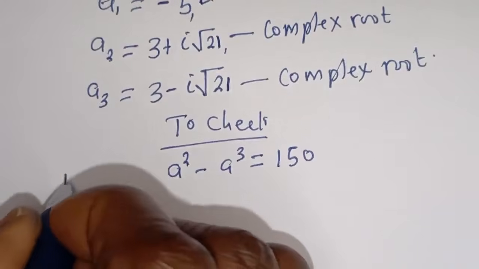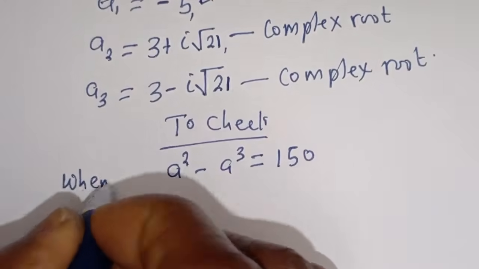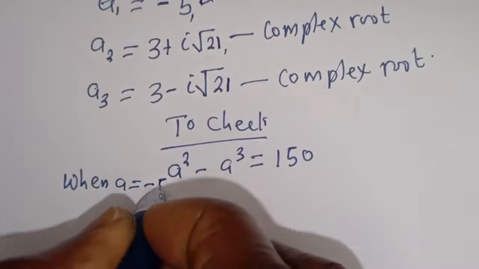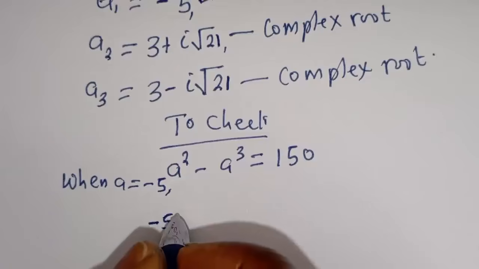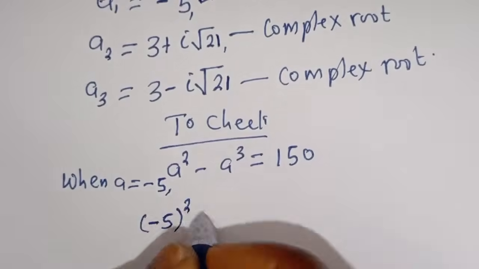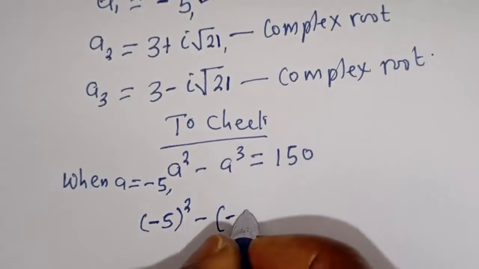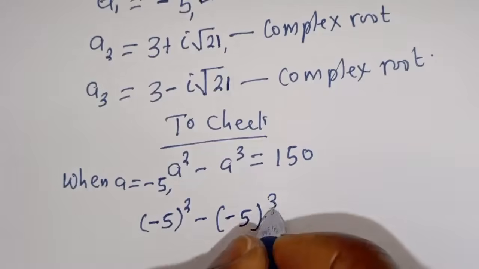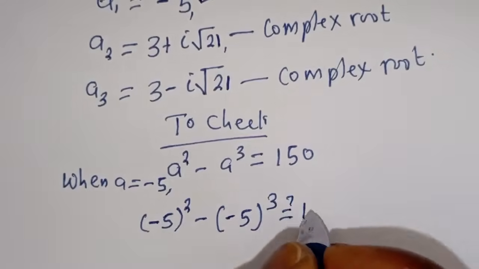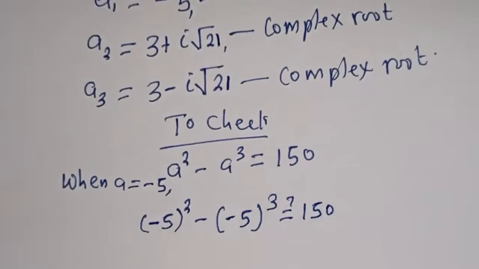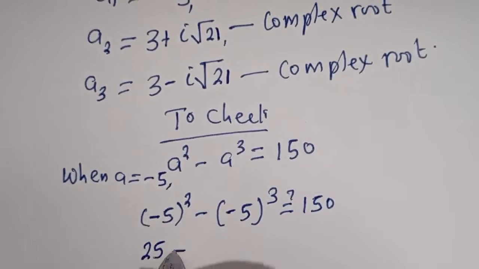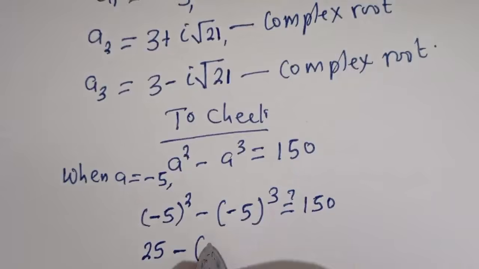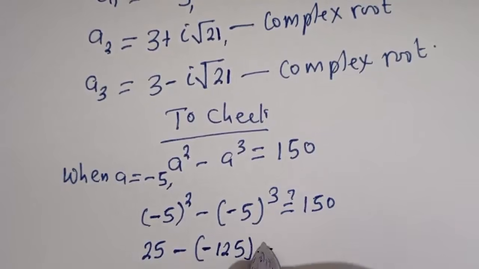When a is equal to minus 5, we have minus 5 squared minus bracket minus 5 to the power of 3 must be equal to 150. Then minus 5 squared, this is 25, minus bracket minus 5 to the power of 3, that is minus 125, must be equal to 150.